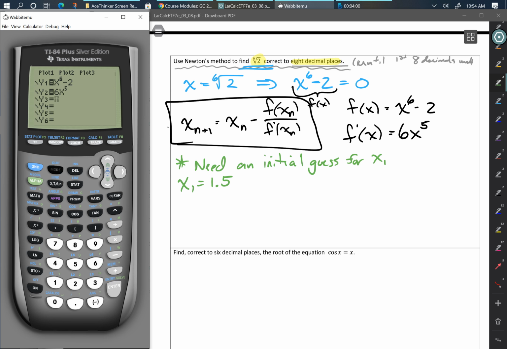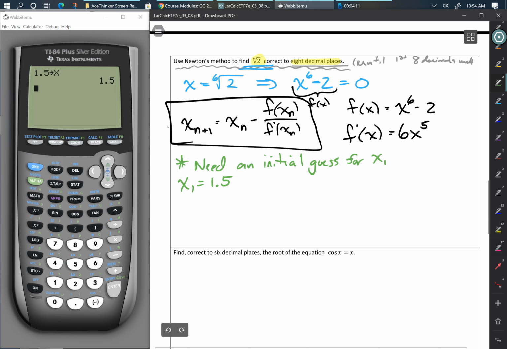And then back to the home screen, and put my initial guess, store that into x, and now I need to do this.